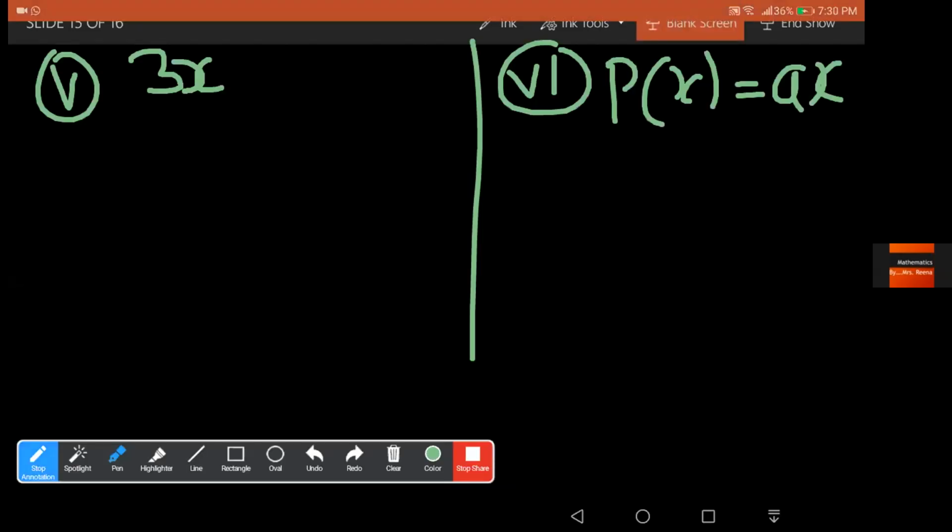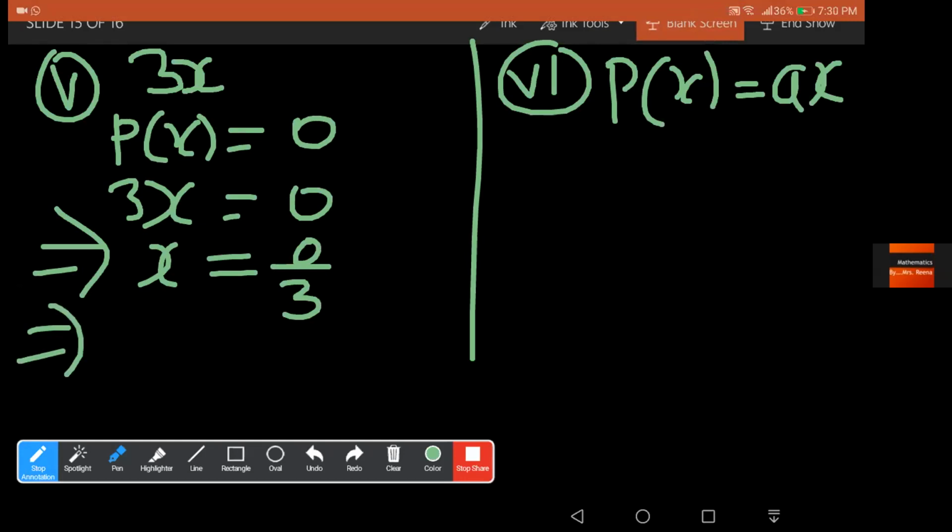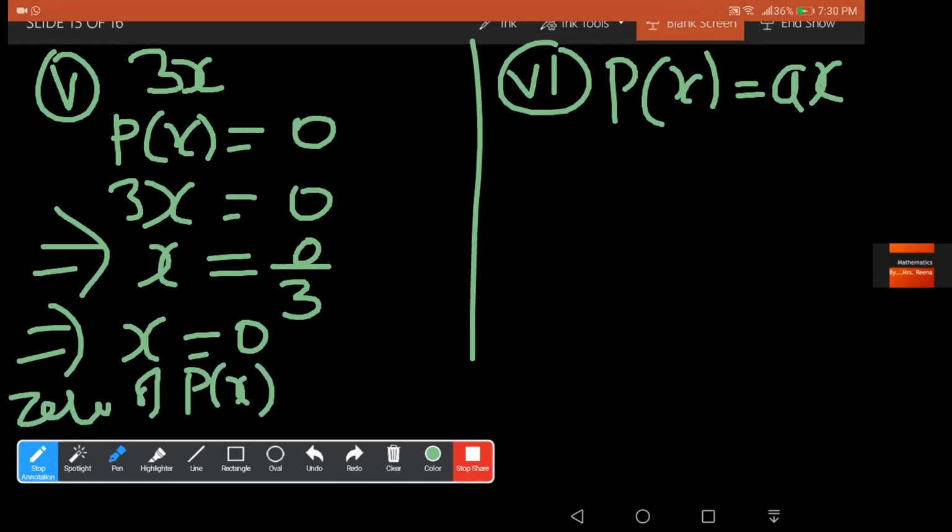If we have P(x) = 3x and we put P(x) equal to 0, then 3x will be equal to 0 and x will be equal to 0/3, right? So it will be 0 only. So we can say that the zero of P(x) here is 0.